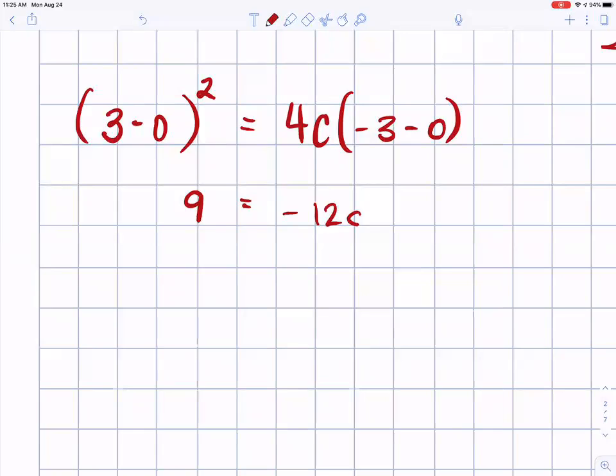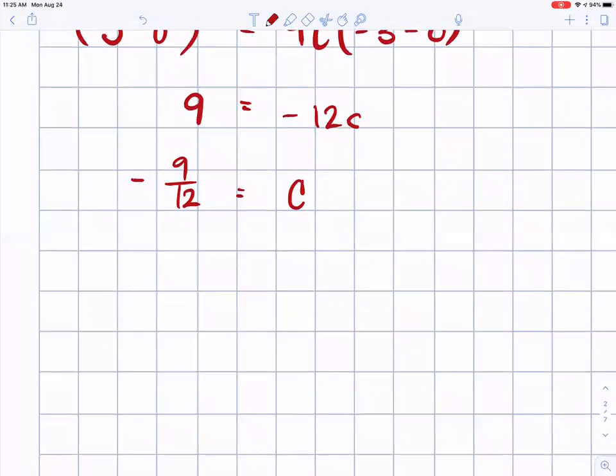You almost finished. Okay. So you're going to have -9/12. So you're going to leave it like that? Say no. You better not. What's wrong with it? It's not reduced. Okay, so reduce your fraction. What do you get? -3/4.